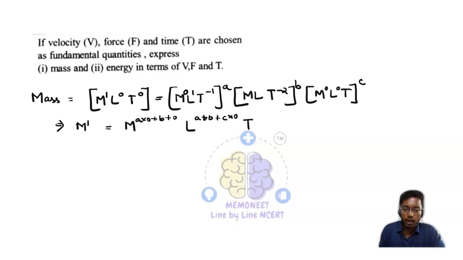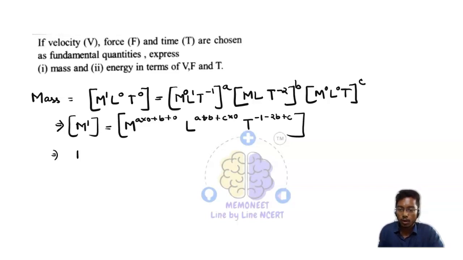Then for the time T, 0 plus minus 1, minus 2b plus c. So this will compare with the LHS side.